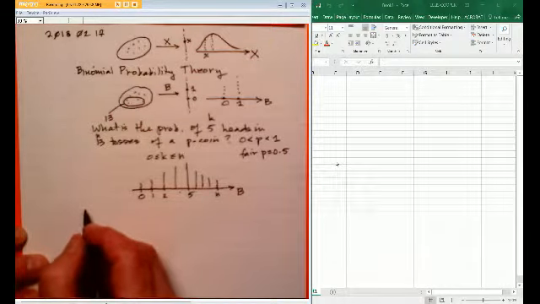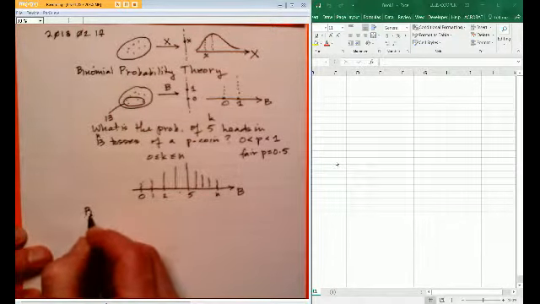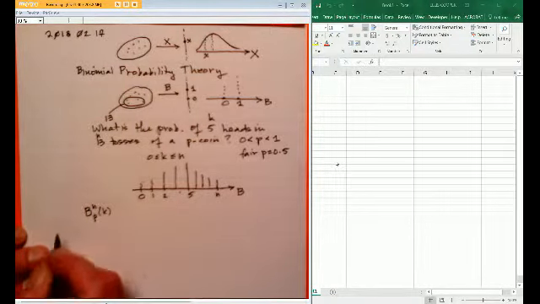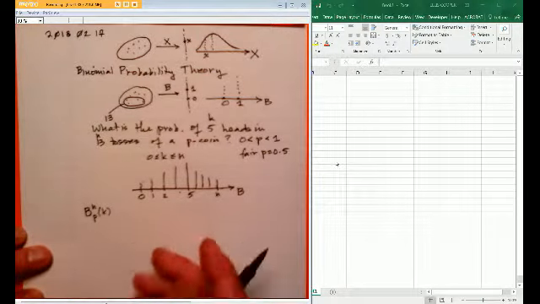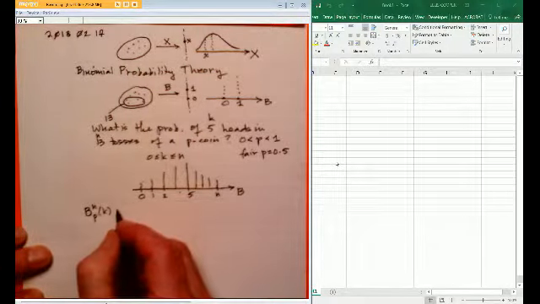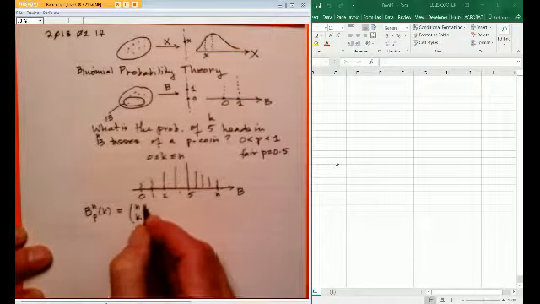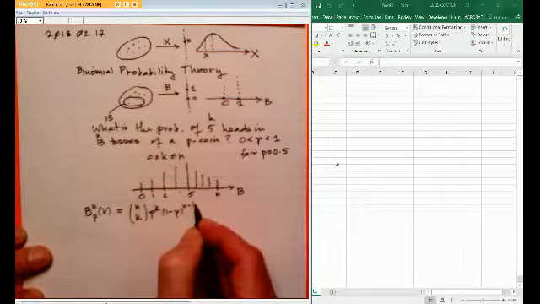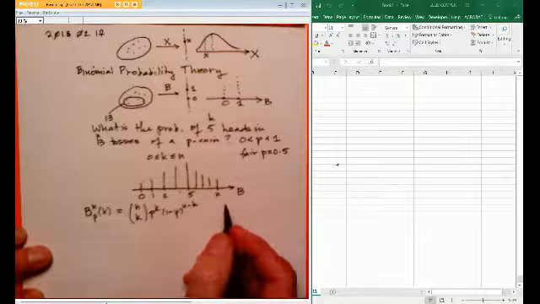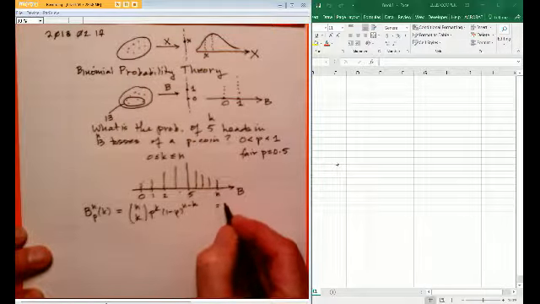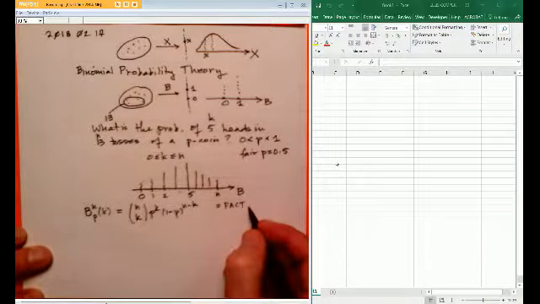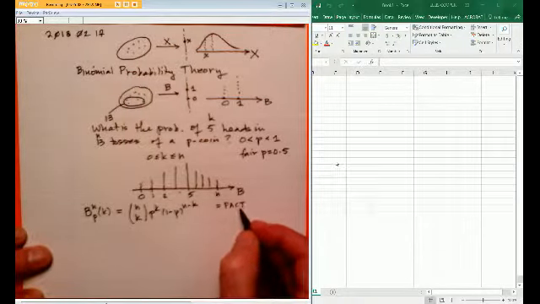So a notation that's frequently used for this probability, the binomial probability of K heads in N tosses of a P coin, is B(N,P,K). And the algebra formula for that is N choose K times P to the K times 1 minus P to the N minus K. And we learned a little bit in class about how to calculate this in Excel using the factorial function, and it was kind of elaborate, because N choose K involves 3 factorials.